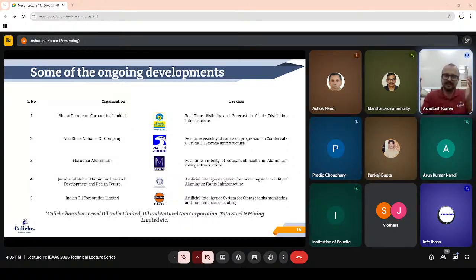So what happens is that in your case, the IBAAS analyzer writes the data to a SQL database in real time. And that is the license that you will have to procure.